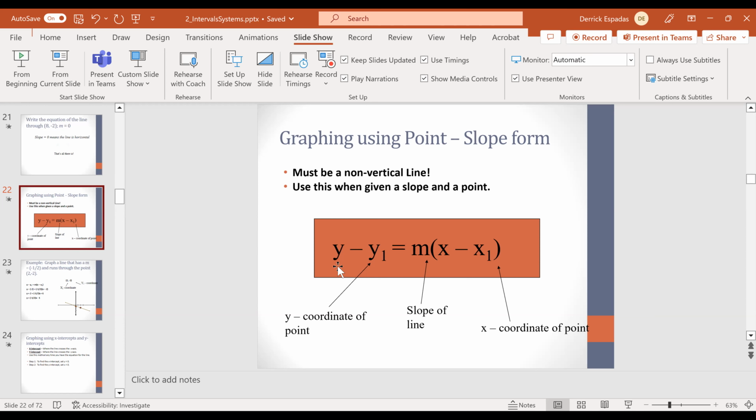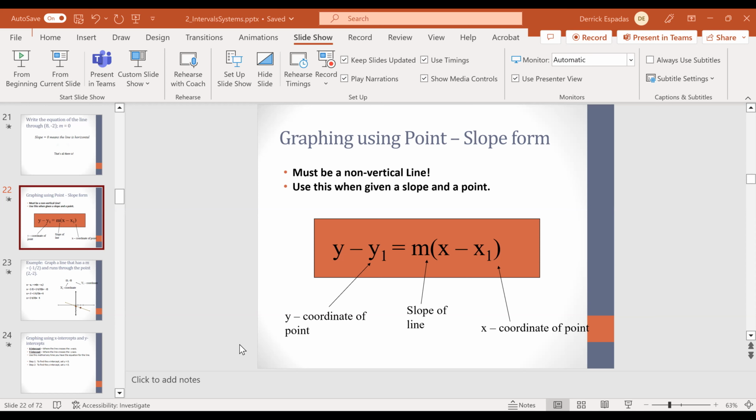We're literally going to leave the y and the x as a y and an x. We're going to plug in the y1 and the x1 based on the point we have, but as far as the y and the x, that is going to remain a y and an x. And when we do an example, you'll see how that works out.